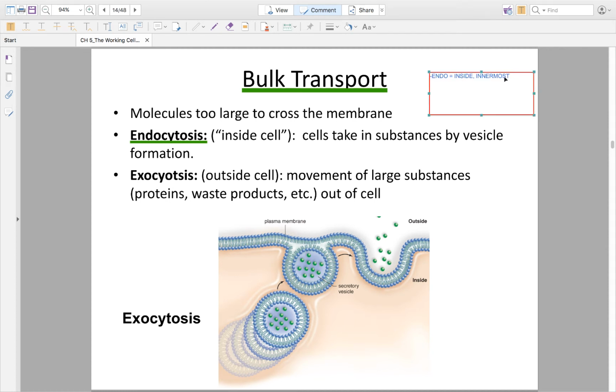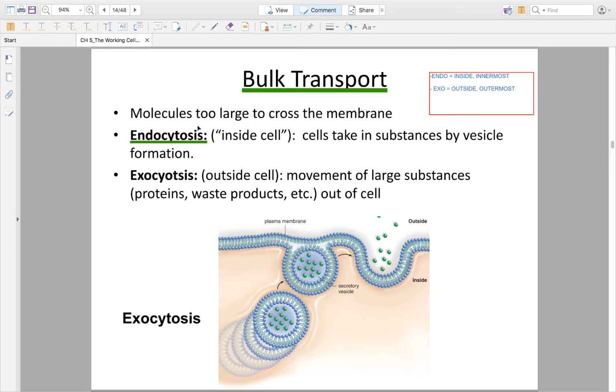Now exo, on the other hand, think of the word exit. When you see an exit sign, what does that mean? Obviously, that means you can leave out. So that's either outside or outermost.